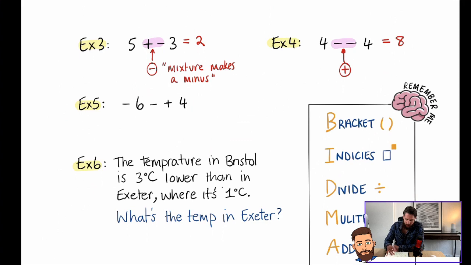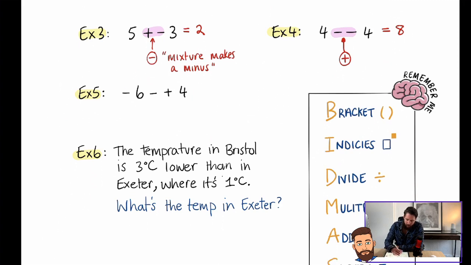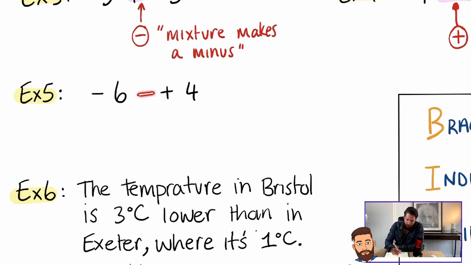Example 5. -6 plus -4. What does that mean? Well, the first thing, we've got a plus and a minus. We've got a mixture. A mixture makes a minus. So this would be minus. And this is where visualizing a number line and thinking about where am I starting and where am I going will come in handy.